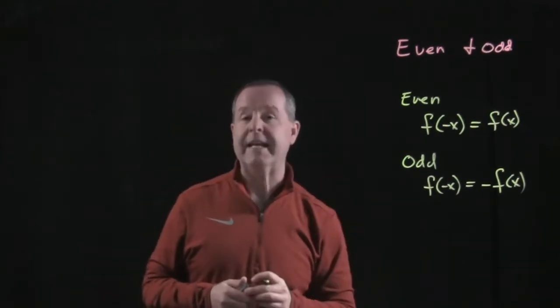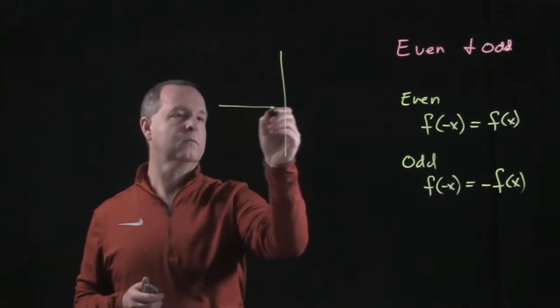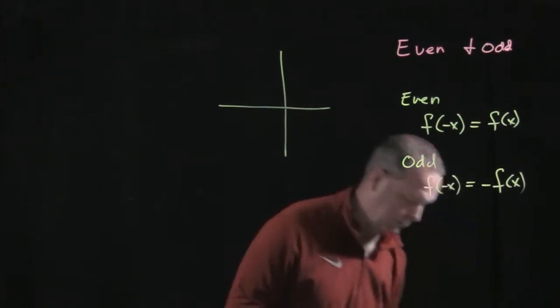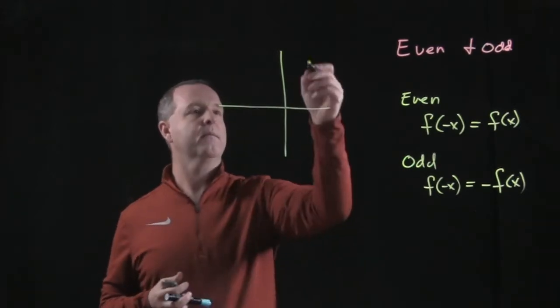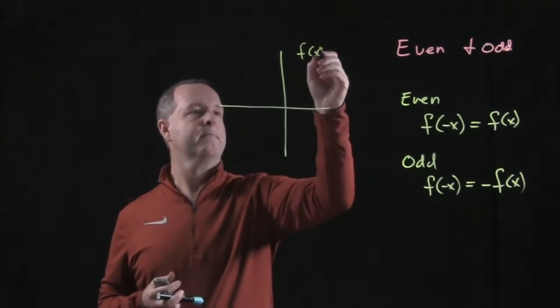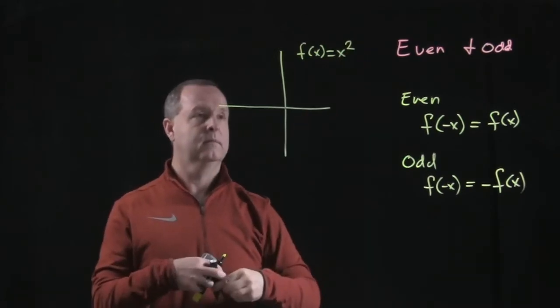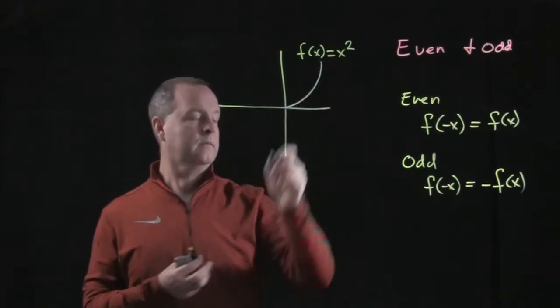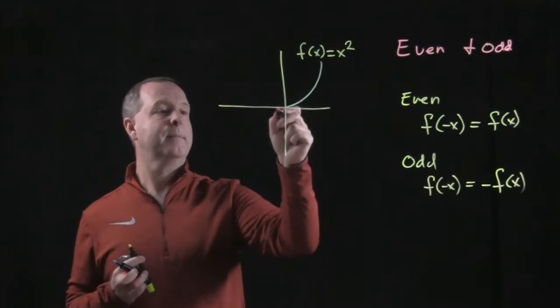So for an example of an even function, let's make a function. We have f of x equals x squared. And that graph, here, let's try to get some colors on it so we can see where everything's happening.